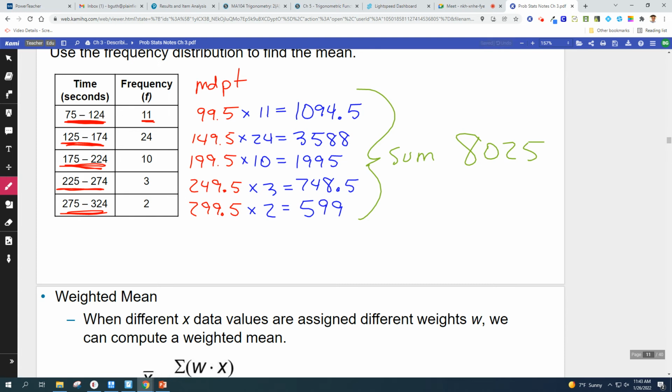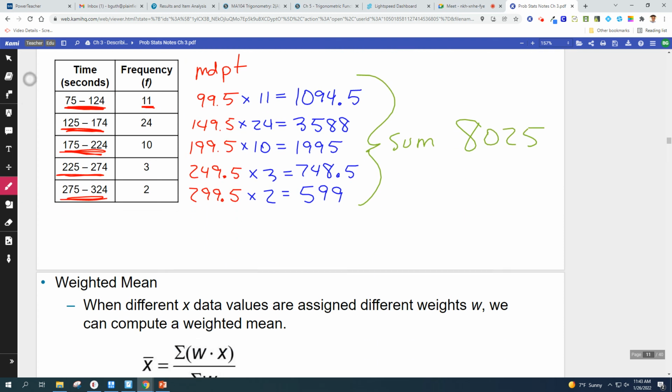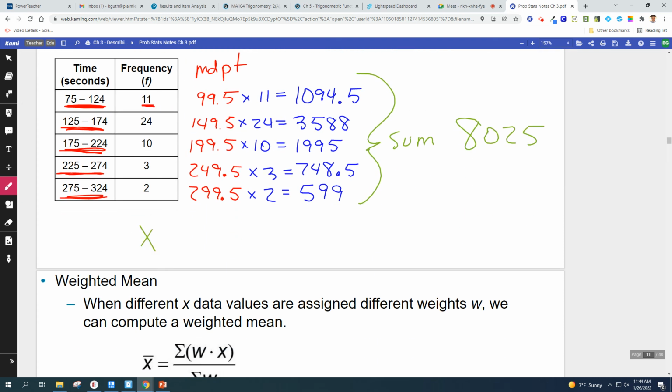And so our mean, x bar, equals that sum divided by the number of numbers. Okay, now be careful because we're talking about the frequency numbers. There were 11 numbers and then 24 more numbers and 10 more and 3 more and 2 more. You may remember those numbers add up to 50.